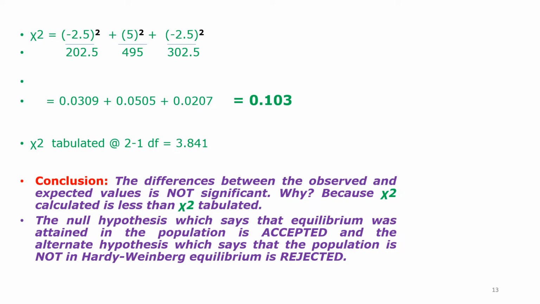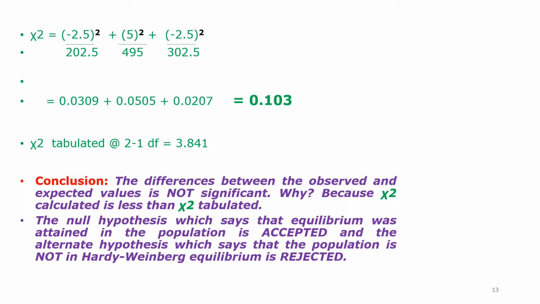The next thing we want to do is to compare this value with what is in the chi-square table at 2 minus 1 degree of freedom, and that value is 3.841. So in arriving at a conclusion for testing whether this population is in Hardy-Weinberg equilibrium, we have to take note of these two values.